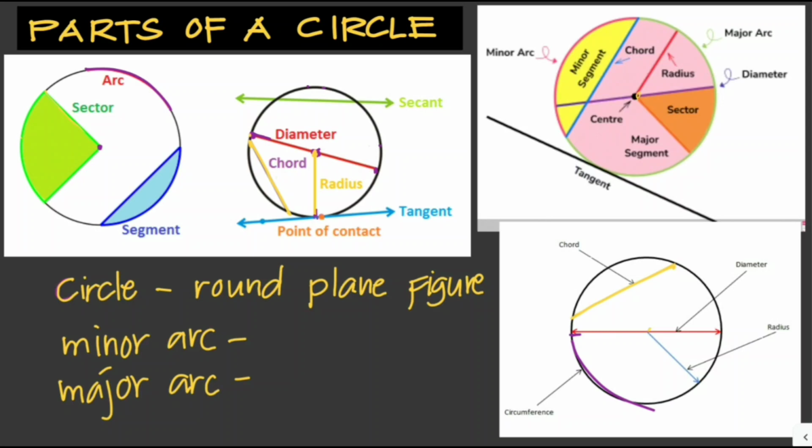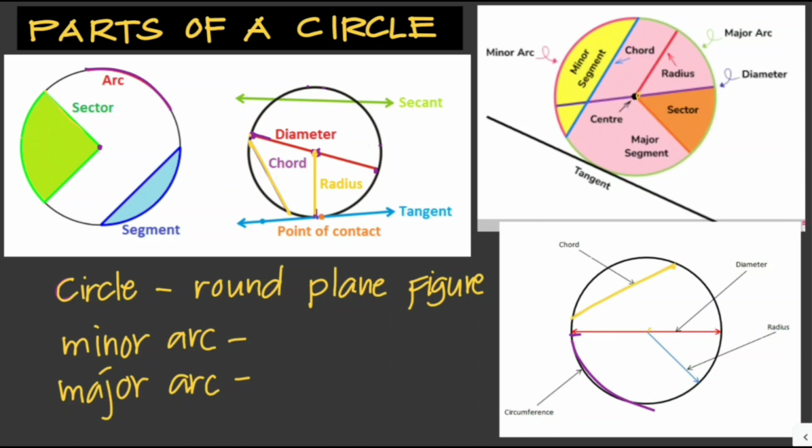So any segment that goes from one point of the circumference to another, but does not go through the center, is called the chord. I meant the chord is a segment, not a line.